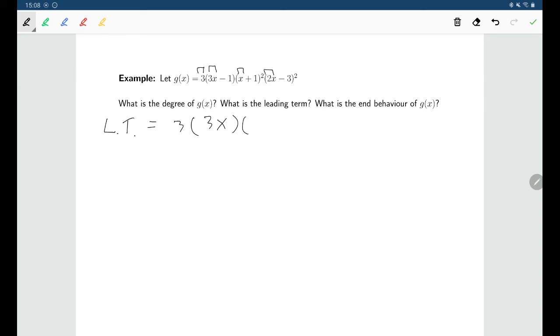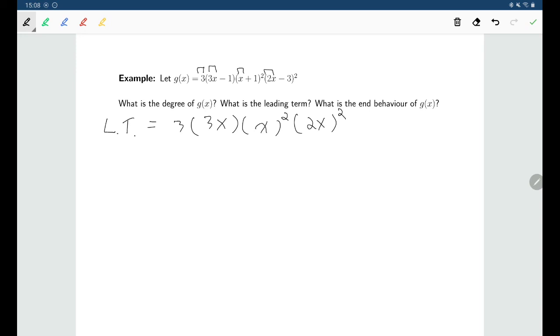For the next factor, x plus 1 squared, the leading term is x. But since it's x plus 1 squared, then it's really x and another x, or x squared. For our last factor, we have 2x minus 3 squared. 2x is the leading term, and 2x minus 3 shows up twice, so 2x times 2x.